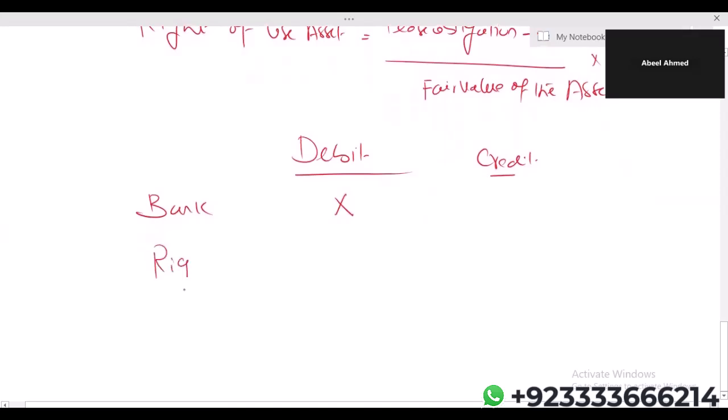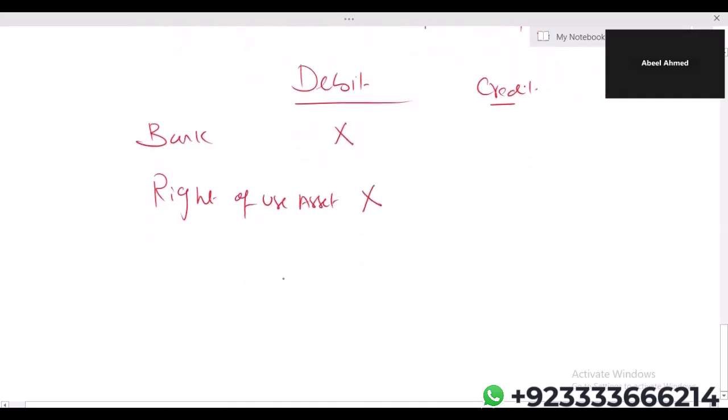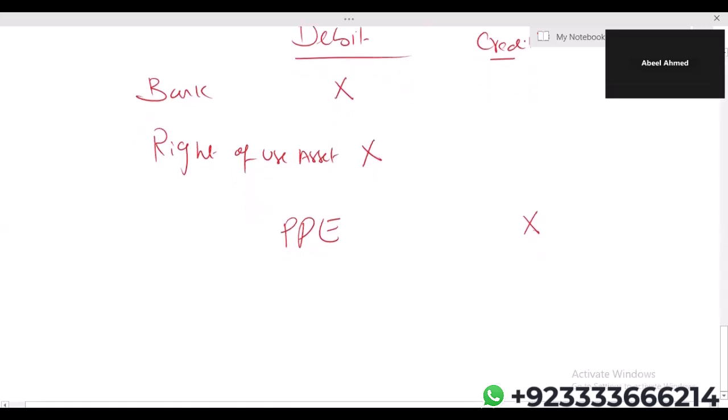Debit right of use asset. And there are three possibilities of calculating this right of use asset amount. I've discussed all the three scenarios. Credit the property, plant and equipment, the asset which we are selling, the asset which transfer has qualified as sale. Now what? Credit lease obligation.